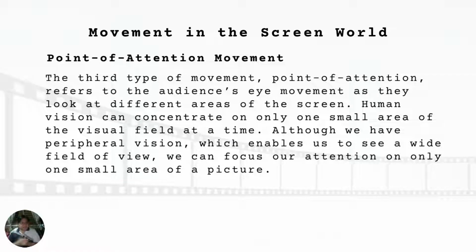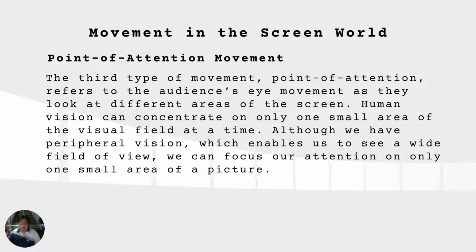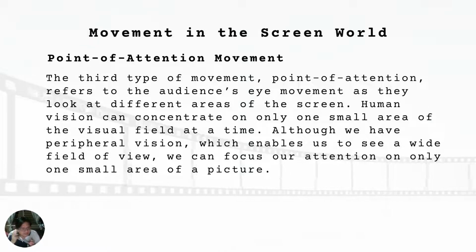Okay? So, this is next, the point of attention. The third type of movement, point of attention, refers to the audience's eye movement. So, this time, it's you guiding the eyes or the attention of the audience.